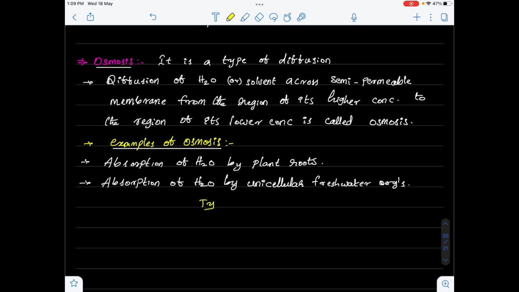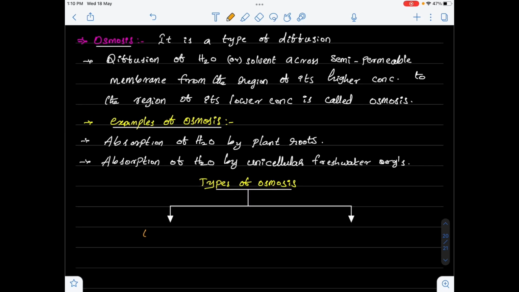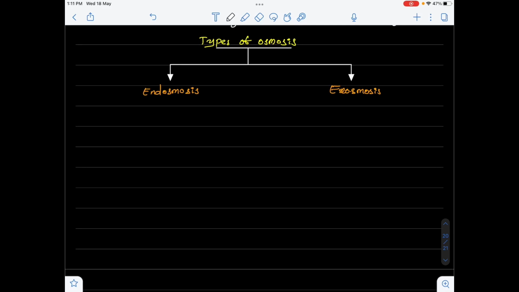Now, let us see the types of osmosis: endosmosis, exosmosis. So, here what is meant by endosmosis and exosmosis?